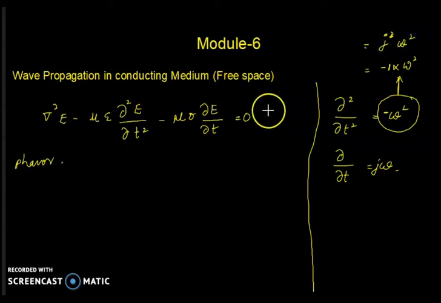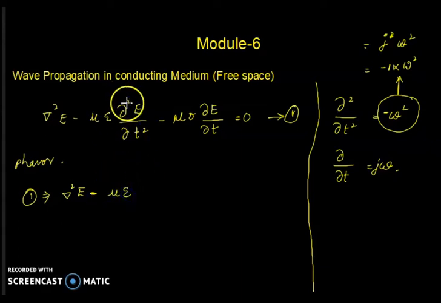So equation number 1 becomes del square E minus, since d square by dt square is nothing but j square omega square, so omega square j square E minus mu sigma, where d by dt is j omega, into E equal to 0.